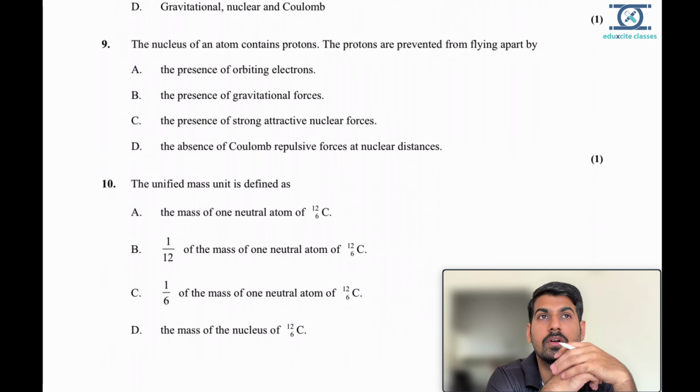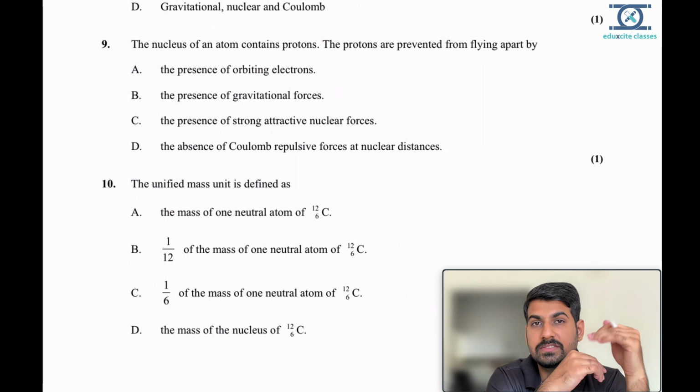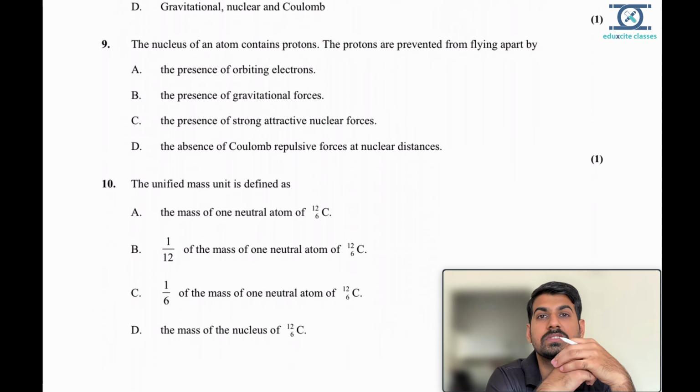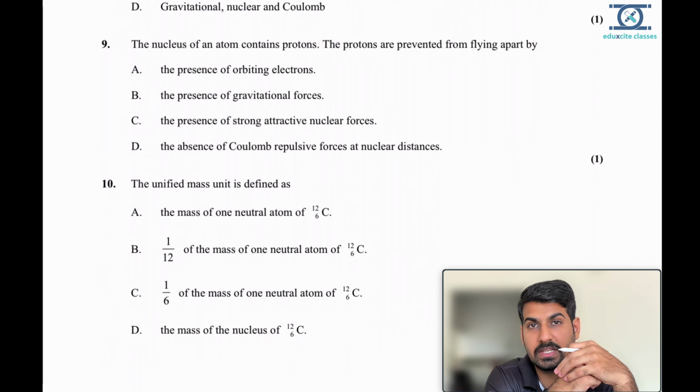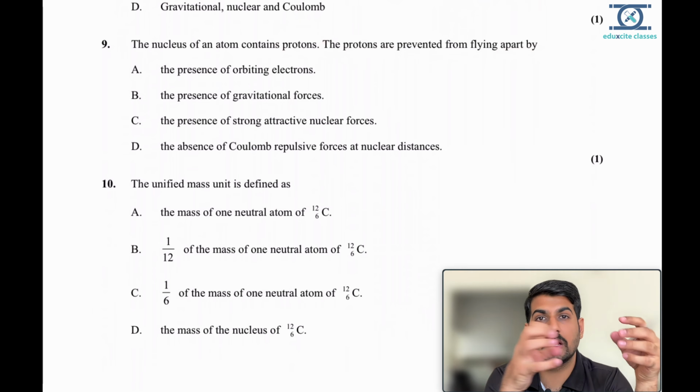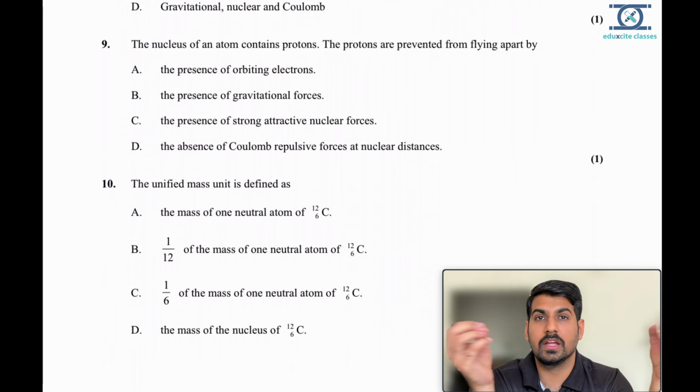If we go to a higher atomic number, as we move to a higher element, the number of protons increases, and we know that they all lie inside the nucleus. So how is it possible for them to overcome the electrostatic force of repulsion, that is the Coulomb force of repulsion? Because there are positive and positive charges, they will repel each other.